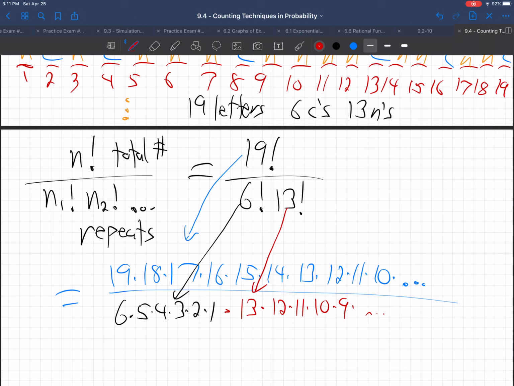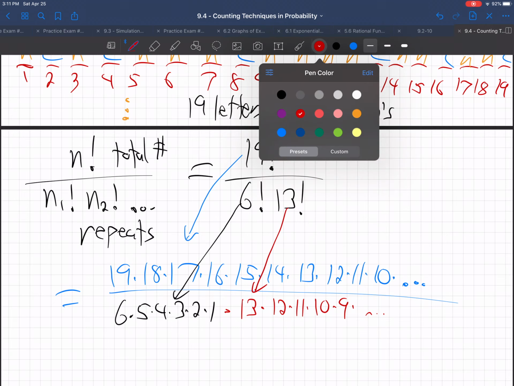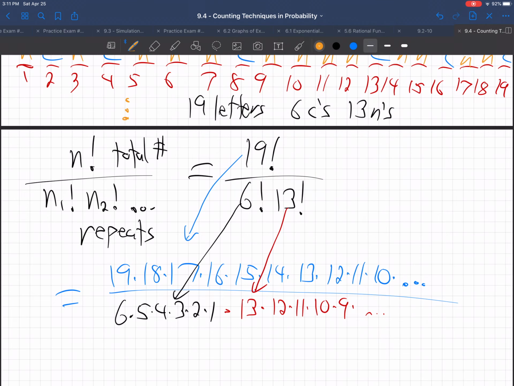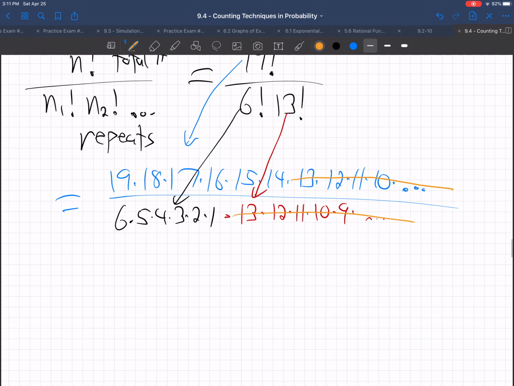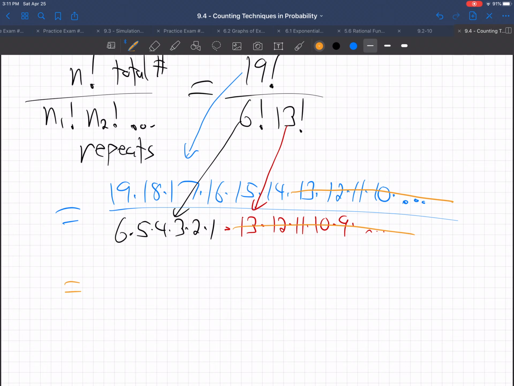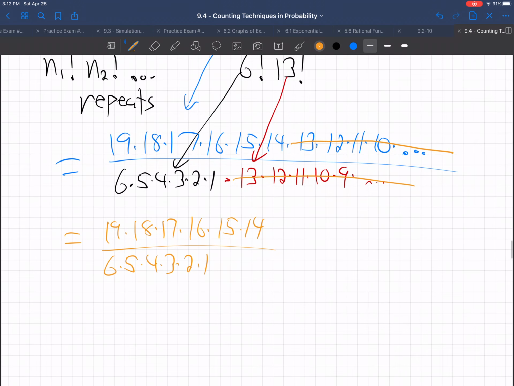You can see what's going to happen, right? The 13 all the way down to 1 cancels. And so we just multiply what's left over, which would be 19 times 18 times 17, 16, 15, and 14 on the top over 6, 5, 4, 3, 2, 1 on the bottom. So just multiply that out in your calculator. I'll do it now too.